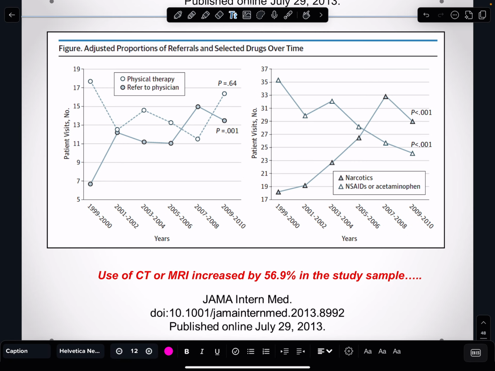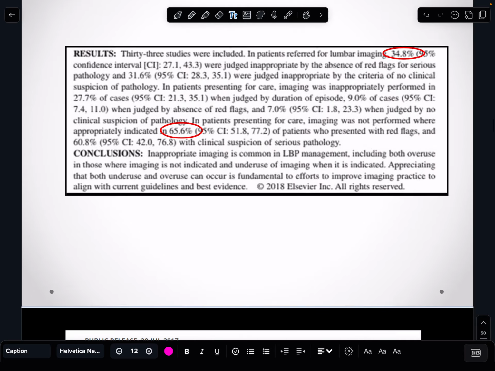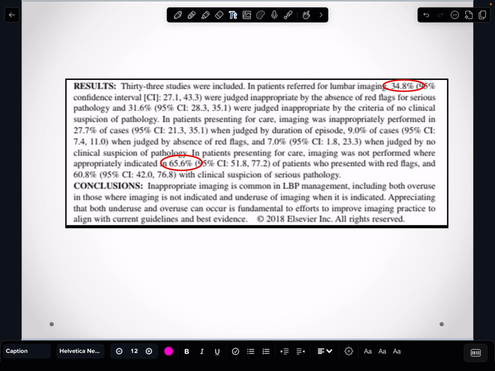Very interesting study that was an eye-opener for me, because this particular study is a systematic review with a meta-analysis. What this means is that this group of researchers takes all the studies that look at diagnostic imaging, looks at all the data, and then makes some clinical judgments on the data they have, taking all the studies combined. In this study, 35% of patients had imaging inappropriately ordered, meaning that there was no reason to get imaging, but they got it anyway.